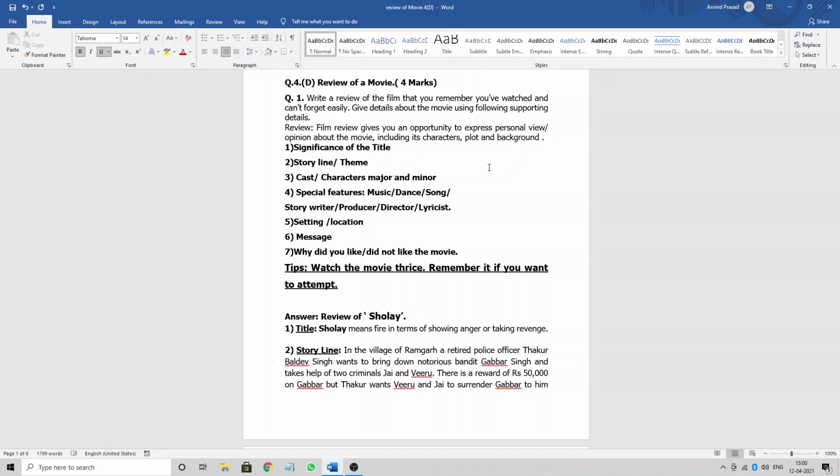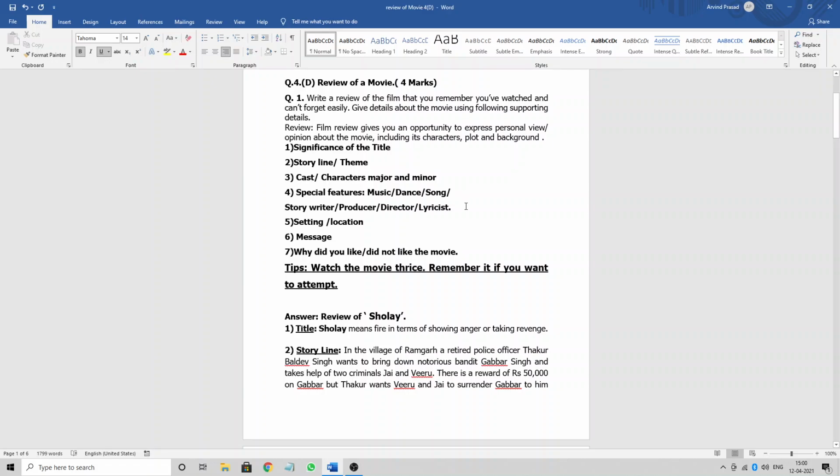The third is the cast, characters, major and minor. Here you will write down about the actors, actresses and the roles played by them, and by which name they were known in the movie. The next topic is special features, where you will write down about the music, dance, song, story writer, producer, director, lyricist.